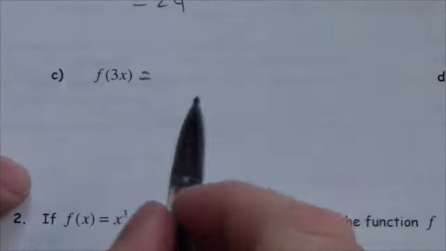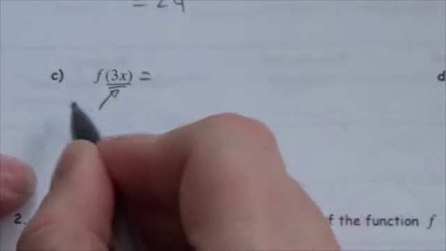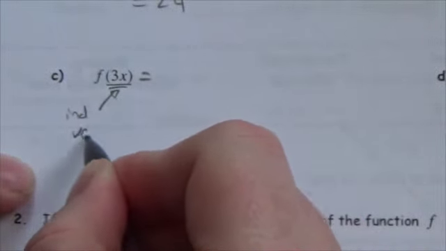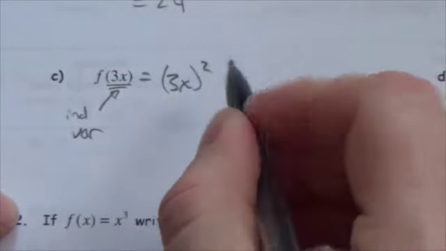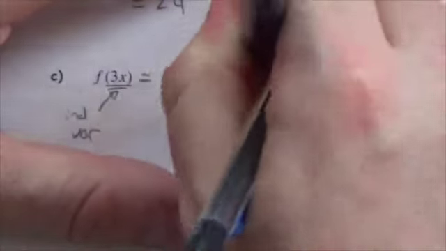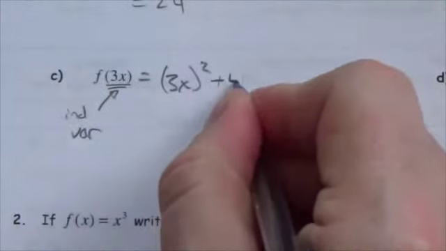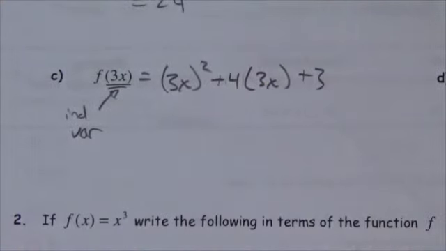So in this case, 3x is taking the place of my independent variable. So my function says square the independent variable, add 4 times the independent variable plus 3.